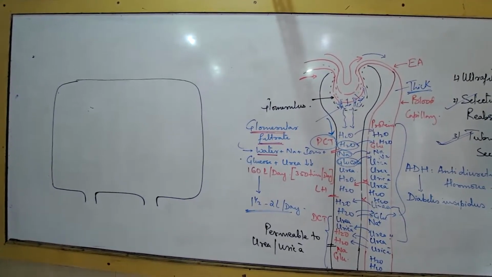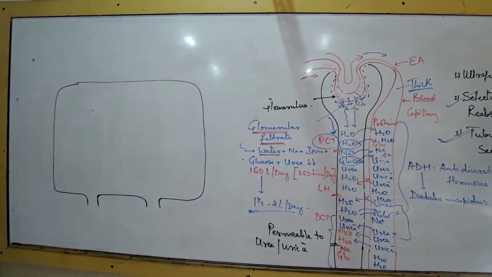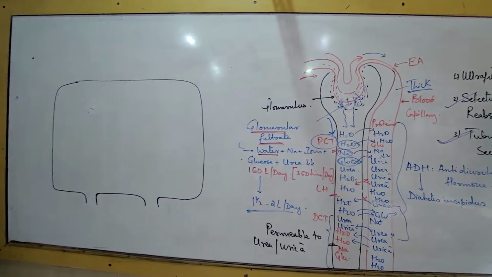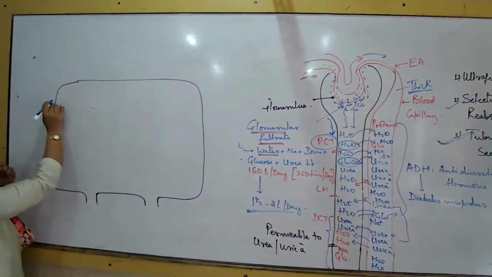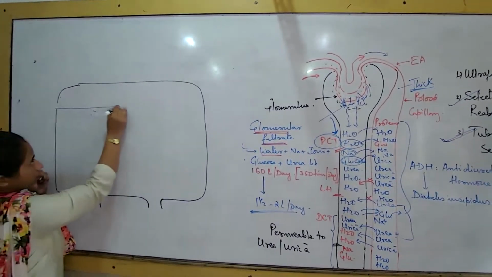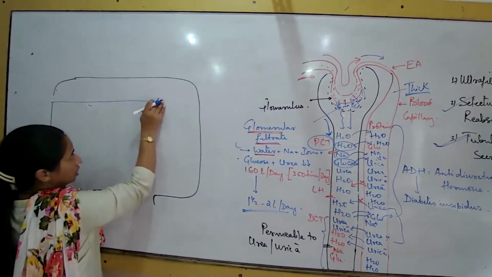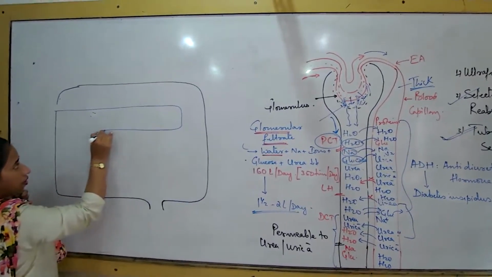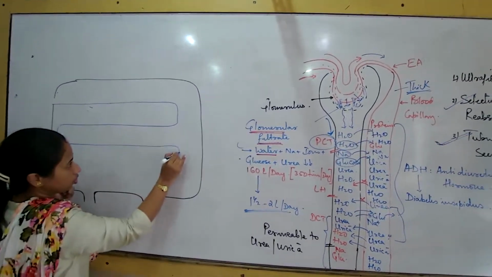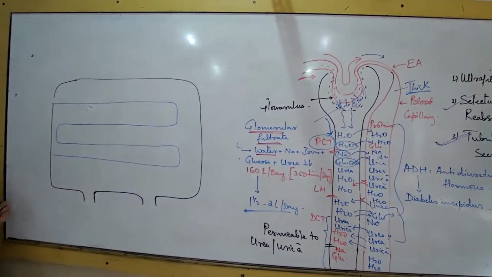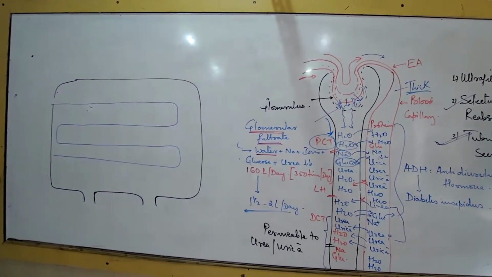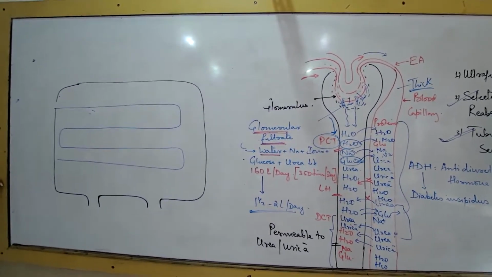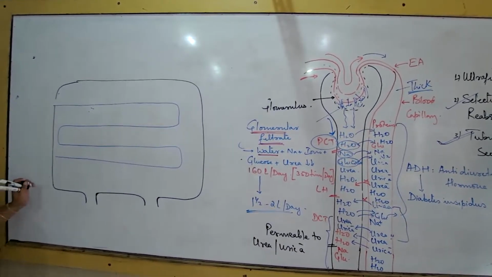Selective reabsorption के लिए लिखो: diffusion of essential substances like water, sodium ions, glucose, etc.